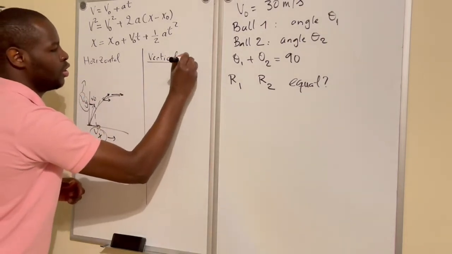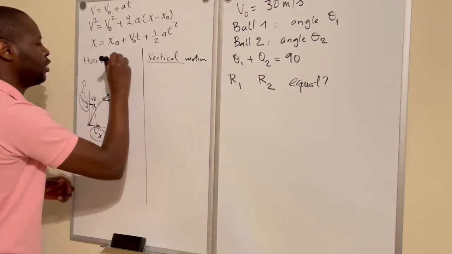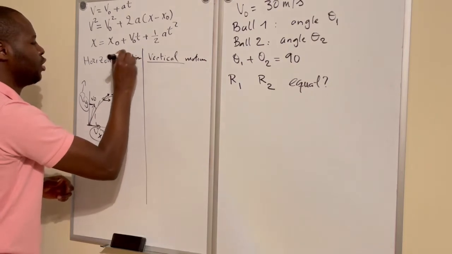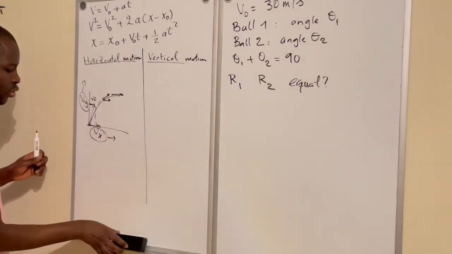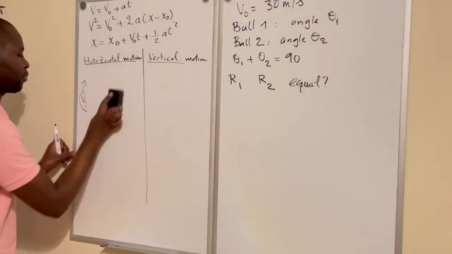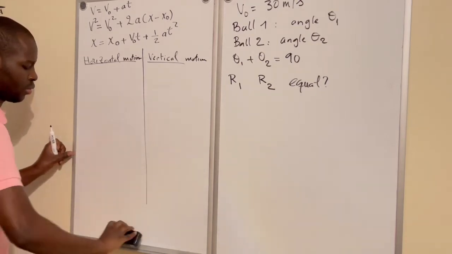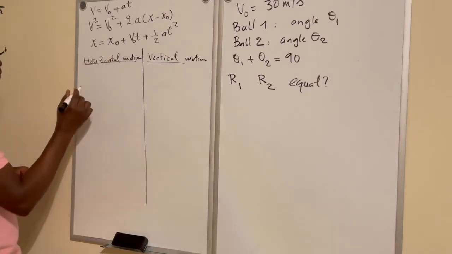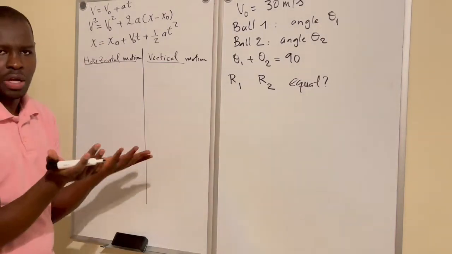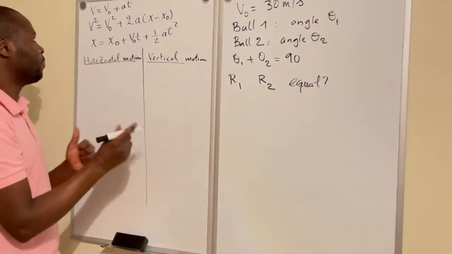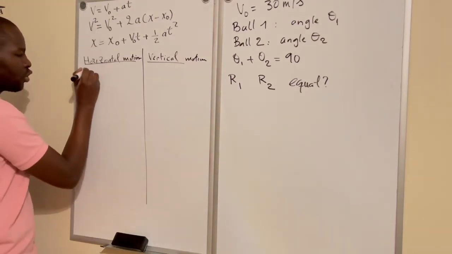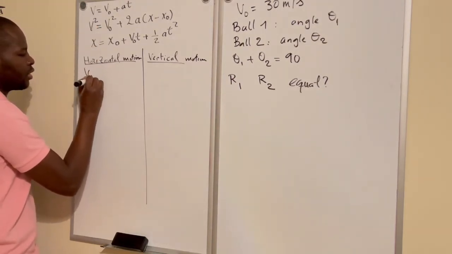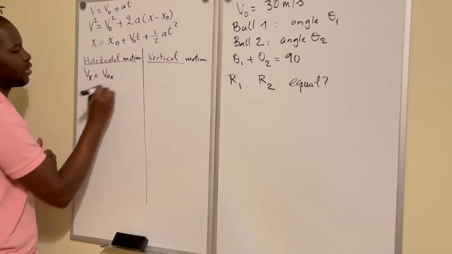All right, so let me go ahead and rewrite my equations in terms of horizontal and vertical motion. Horizontally, there is no acceleration, so a is 0. For horizontal motion, Vx is just equal to V0x. Nothing interesting happening here.